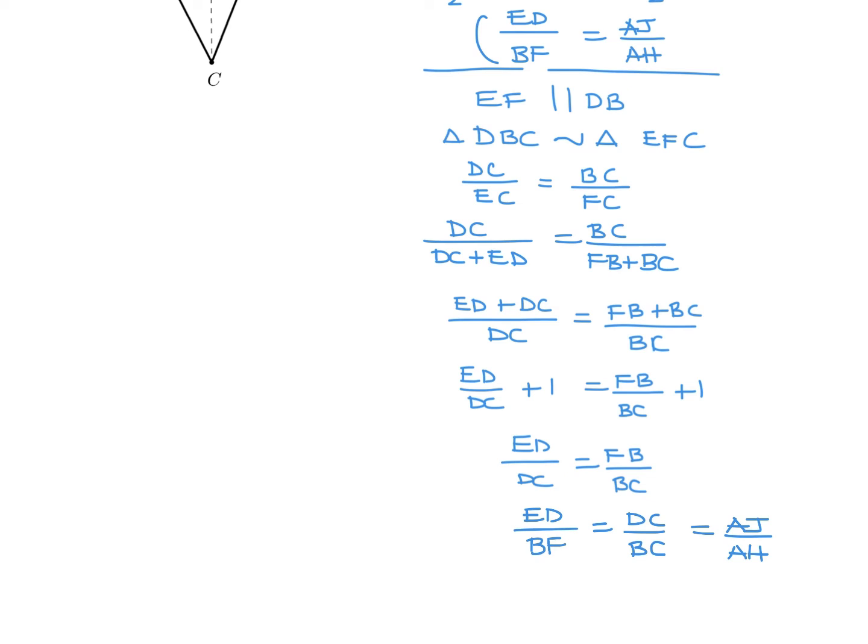They're all equal. Right? So this is all one statement that makes sense. So now what I'm going to do is just look at these two guys, bring it up here, that because of that, we can cross multiply and say that AJ times BC is the same as DC times AH.